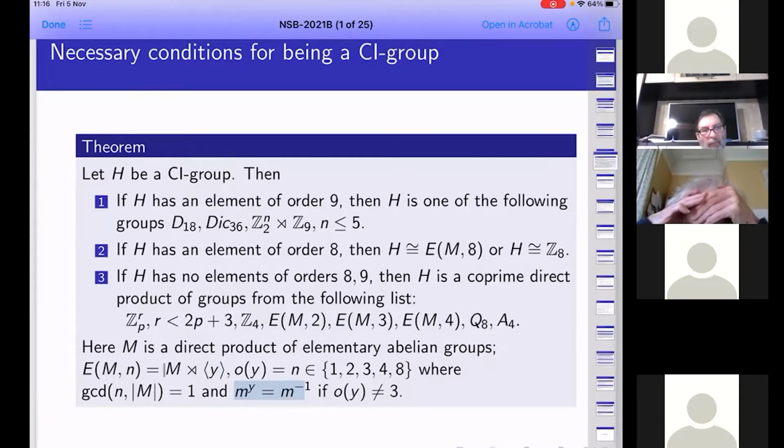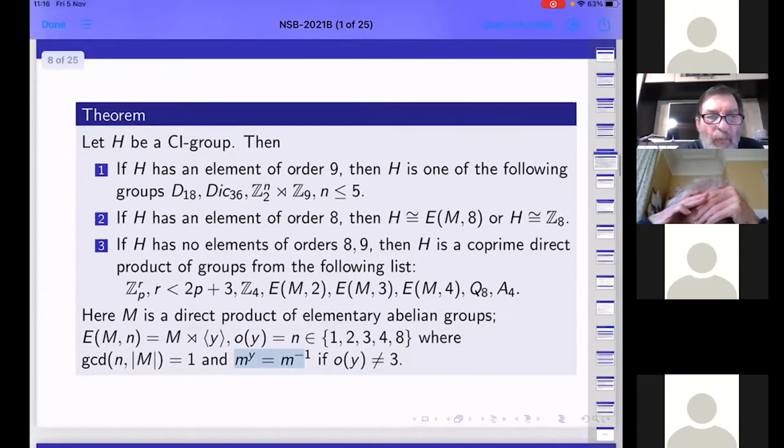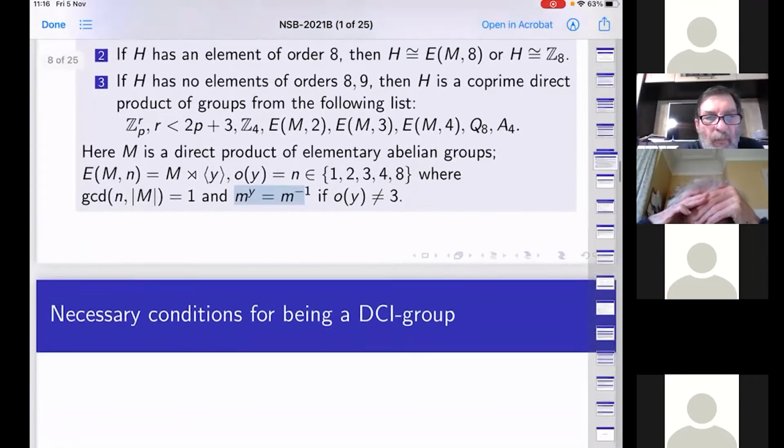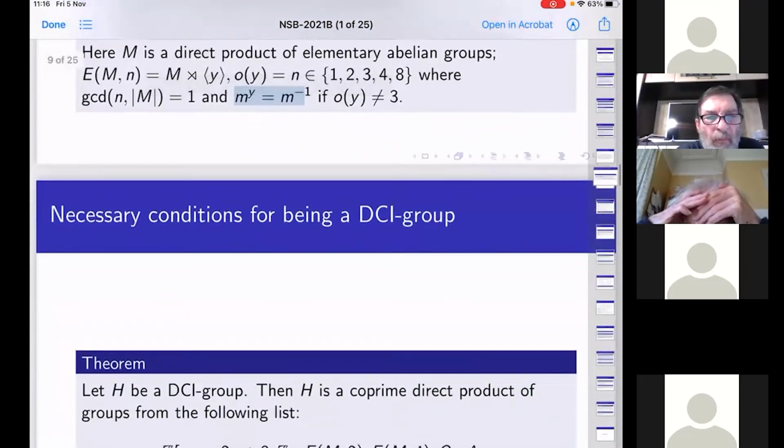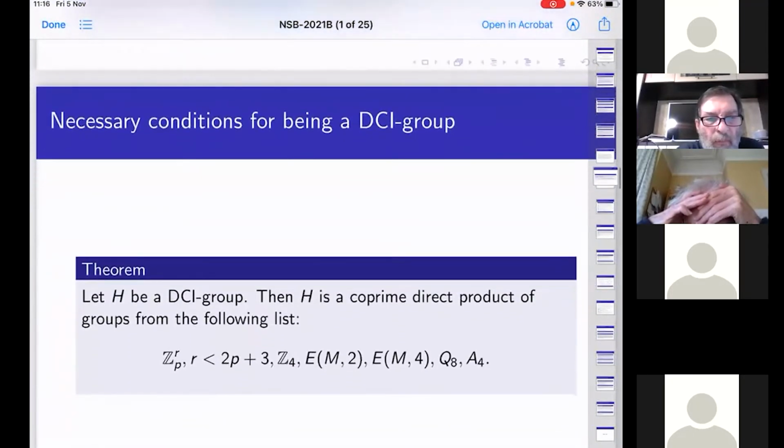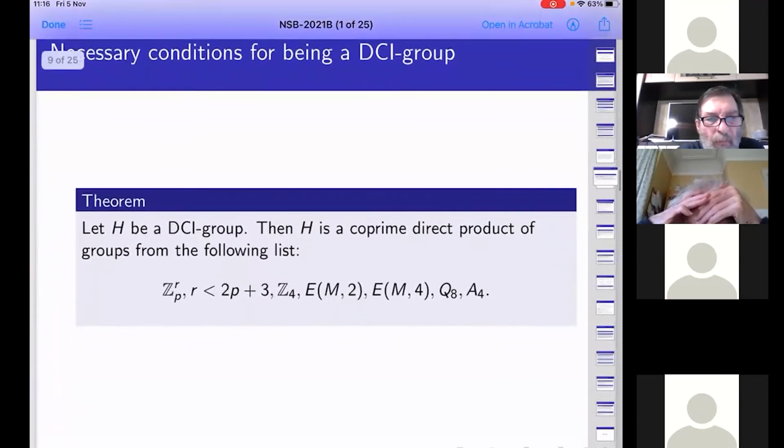I'm not going to detail what this Frobenius group is, because I want to move to necessary conditions for DCI groups, where this Frobenius group is not included.